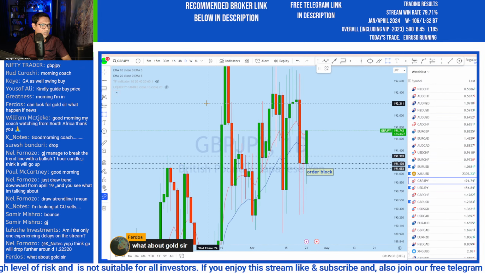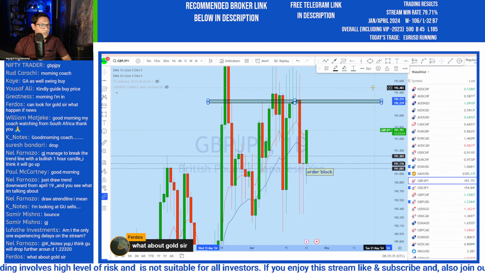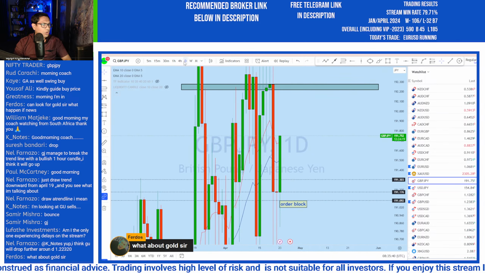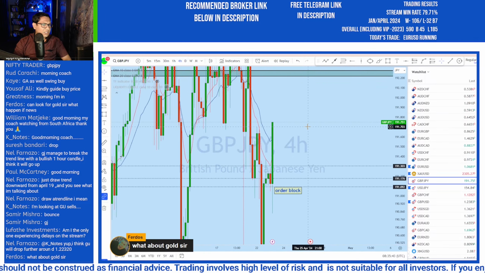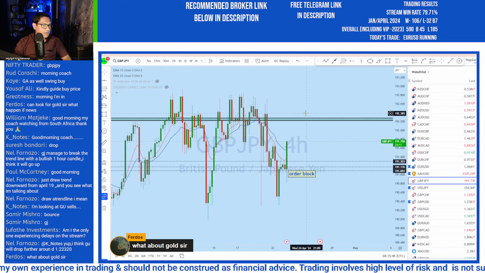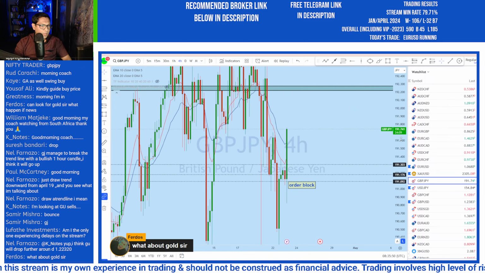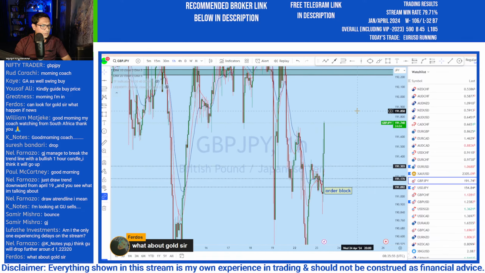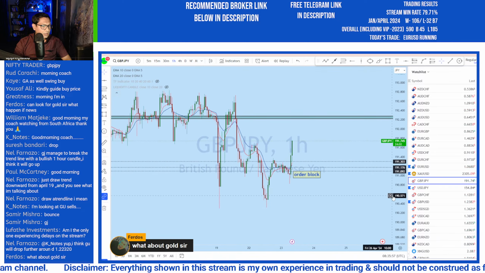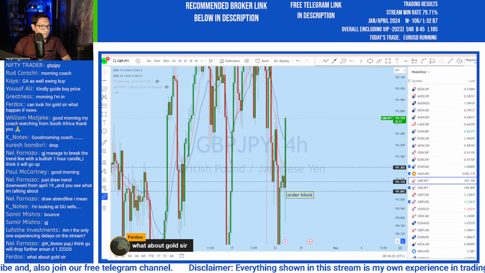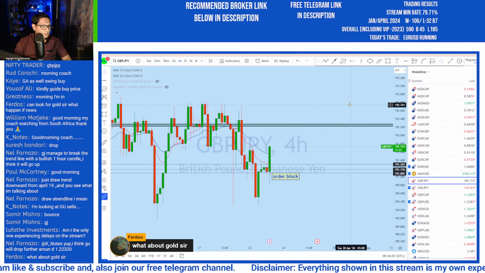You see, this is a very high liquidity zone, and as the price moves from liquidity to liquidity, we can expect this price to bounce up and then create a new higher high. Let me see what happened.